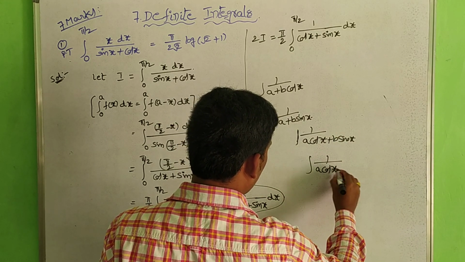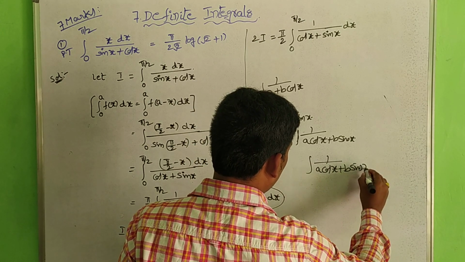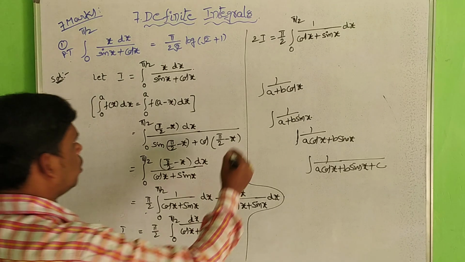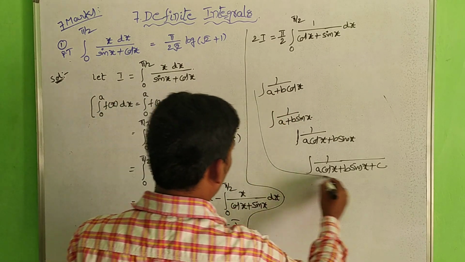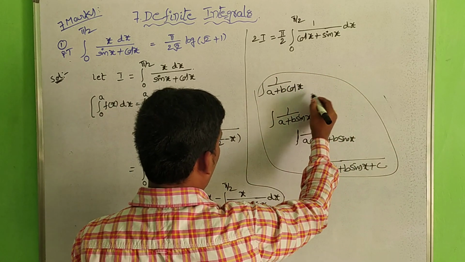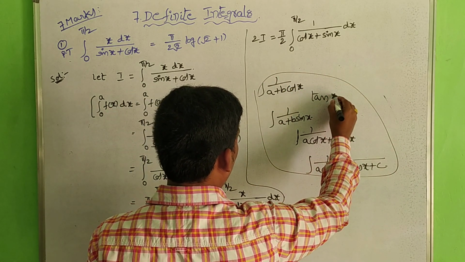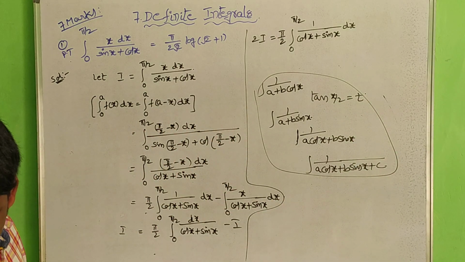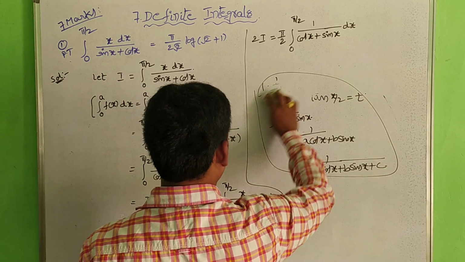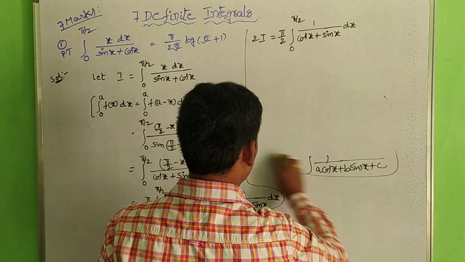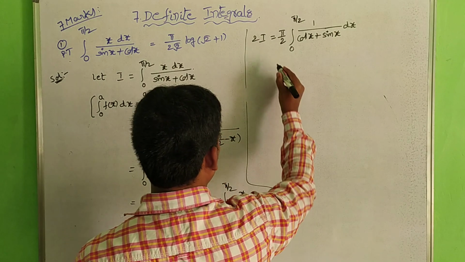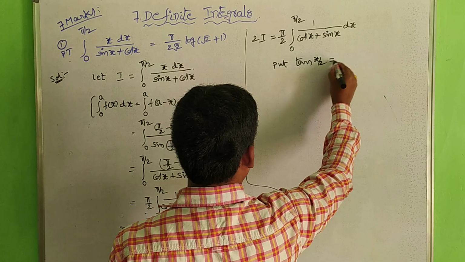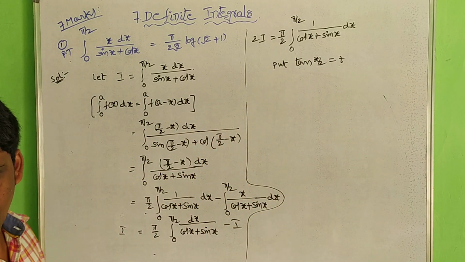These are model number 1, already learned in indefinite integrals. These four are model number 1. We have to put tan(x/2) = t.